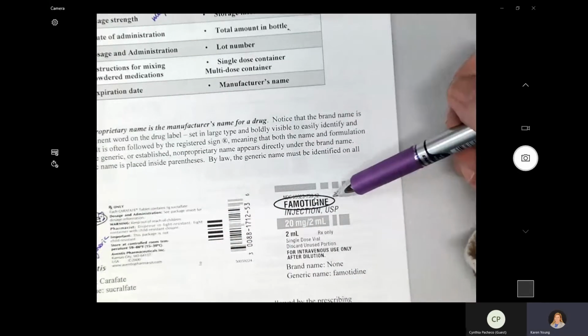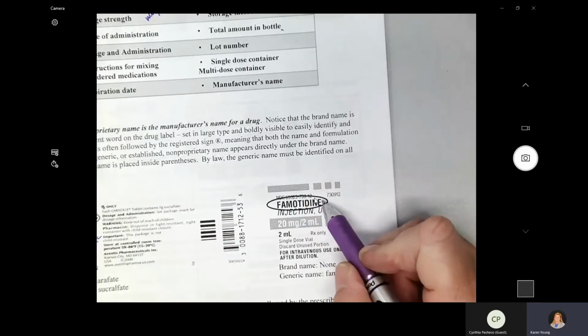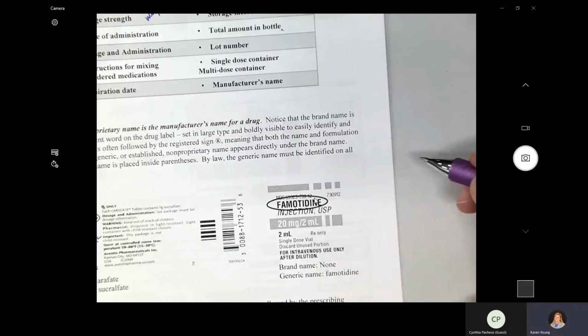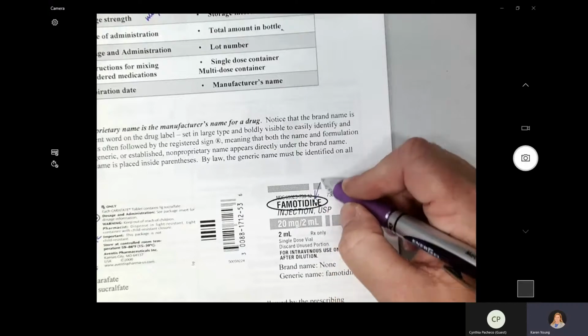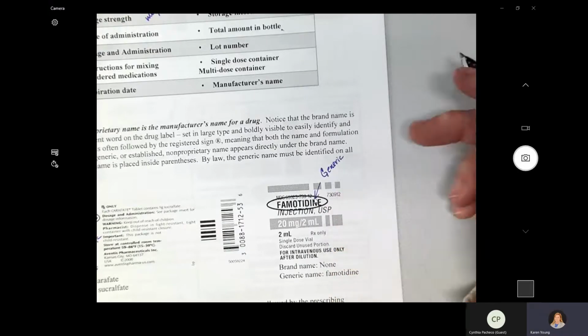If I go over here to the Bantamine, or whatever you say this one, notice this doesn't have the R or the trademark symbol. And that's the only name on the drug label. So this is my generic name. So there will always be a generic, but there might not be a brand name.